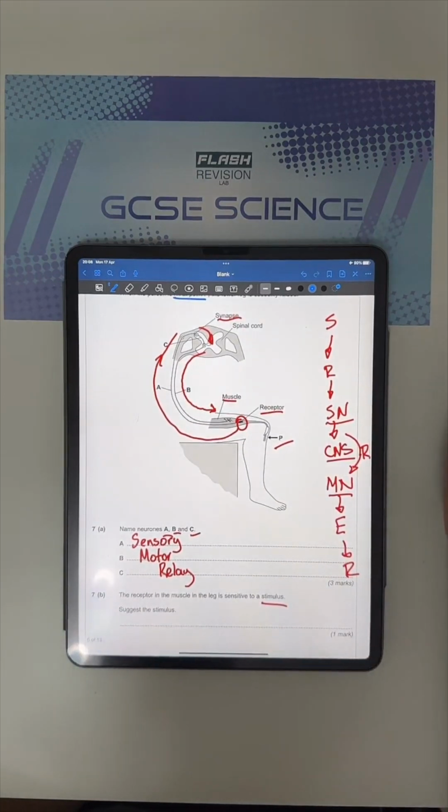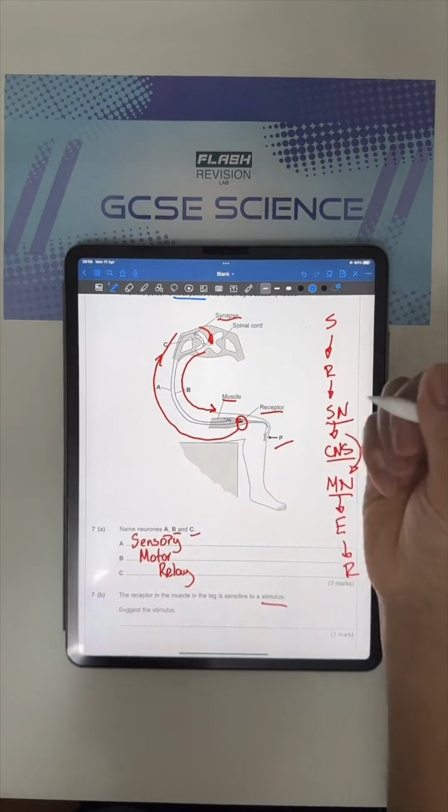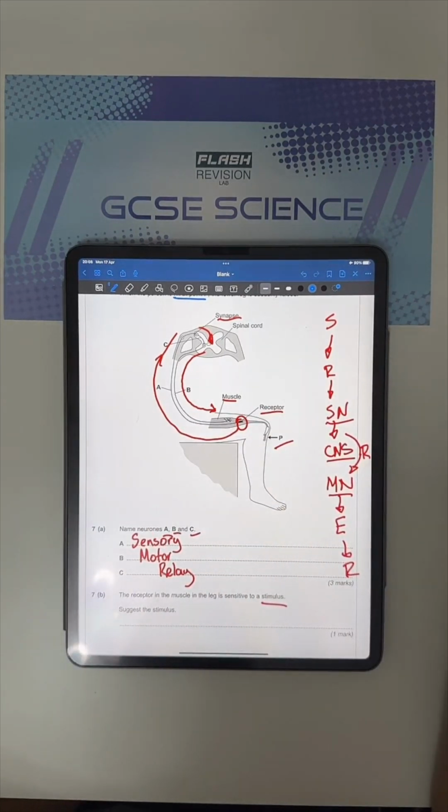What it's sensing is you've got your skin, and when you hit it, there's pressure receptors in your skin. And that's what it senses. There's loads of different types of receptors you can have. You can have pressure receptors. You can have temperature receptors. Those are also in your skin. You can have light receptors. Light receptors are in the eyes, sound receptors in the ears.